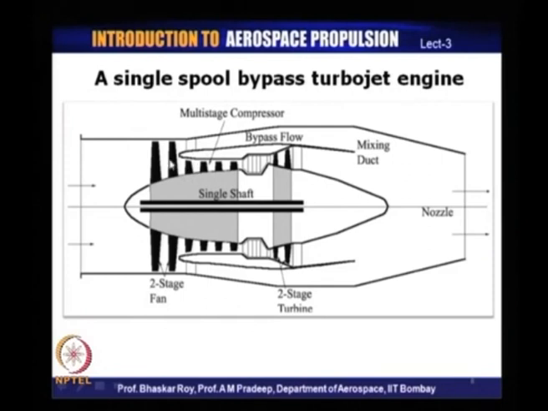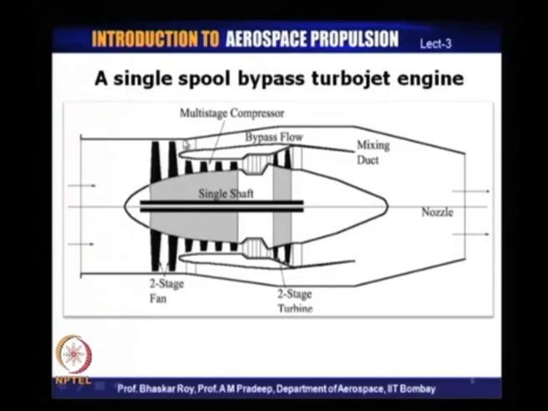So, it has two sets of compressors on a single shaft, and the two sets essentially do two slightly different functions. In the first set, which sometimes people would like to call fans, air goes through them, experiences compression, and then gets split up in two parts.